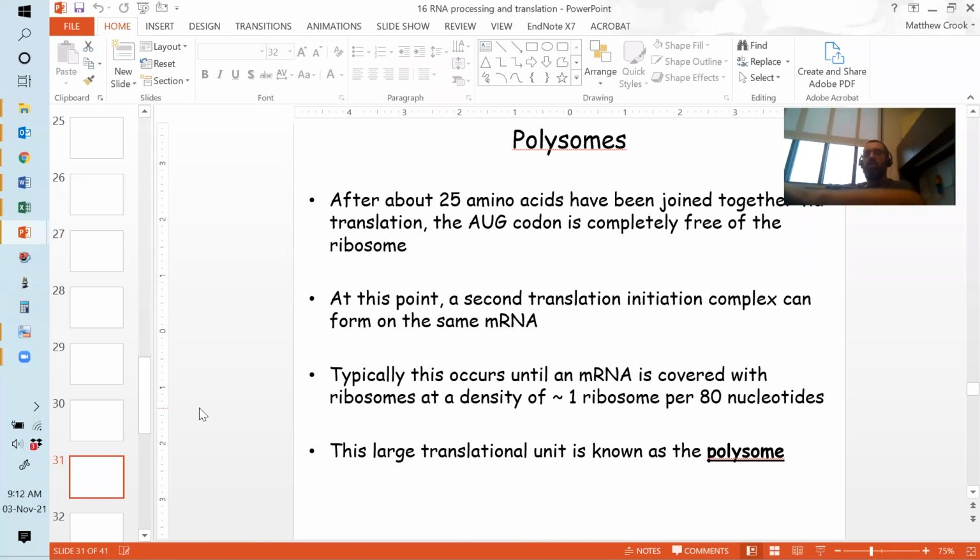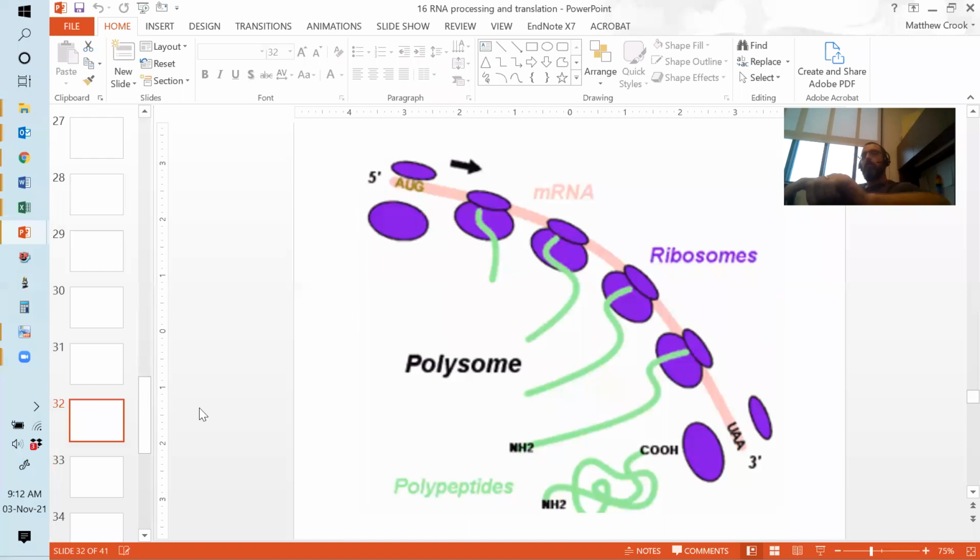And so you can have multiple, obviously depending on how big the mRNA is, and also how efficient initiation of translation is, right? It doesn't happen the same for all transcripts. Some are translated much more readily than others. But despite all of that, you will have multiple ribosomes translating the same mRNA, right?